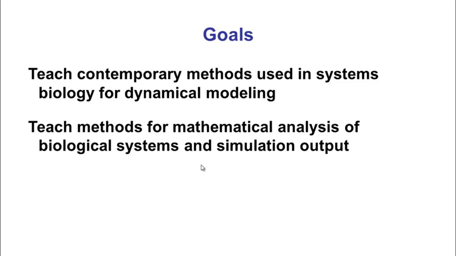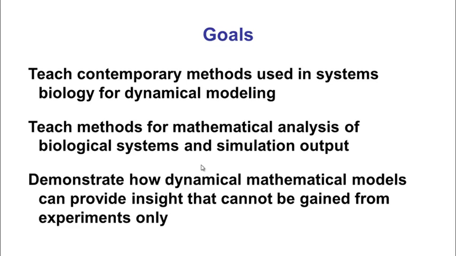So what sorts of approaches do you use to analyze that output and gain more insight into the biological system through that analysis? And then third, we want to demonstrate how dynamical mathematical models can provide novel insight, the type that you cannot get if you're only doing experiments. So the combination of experiments with dynamical mathematical models is going to provide novel insight that is very difficult to get, or sometimes impossible to get, just from the experiments themselves.